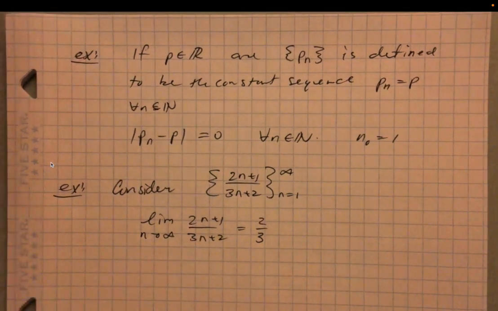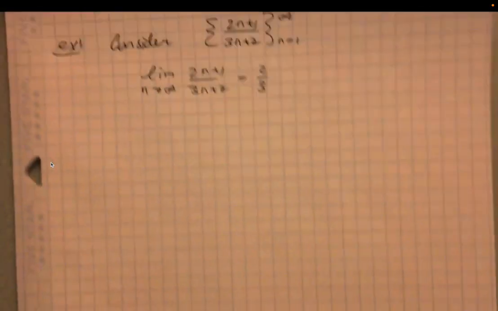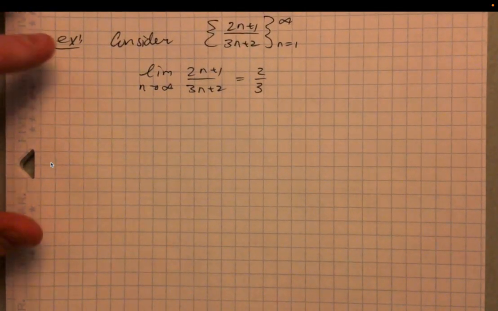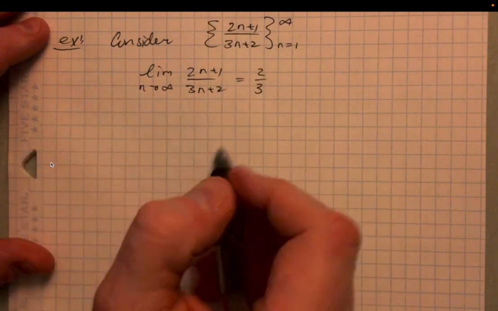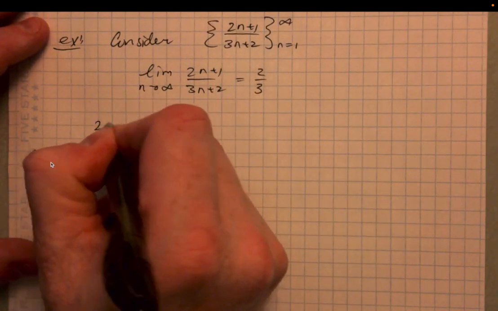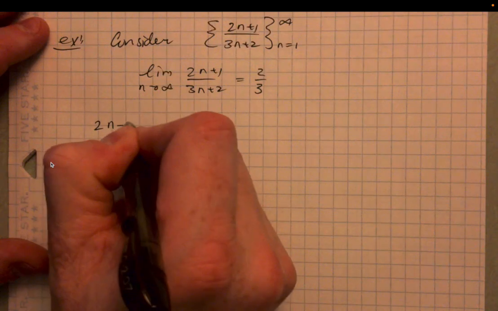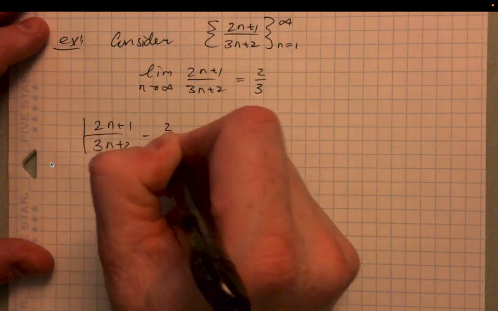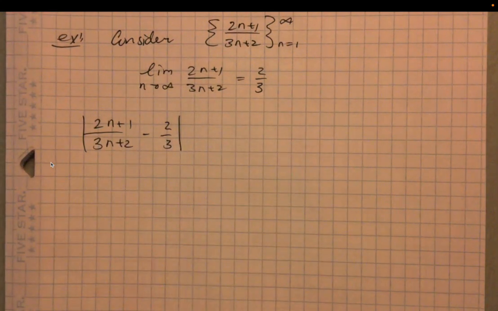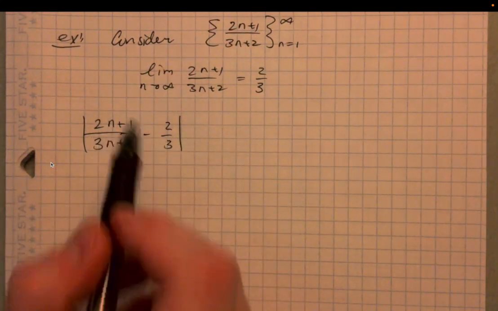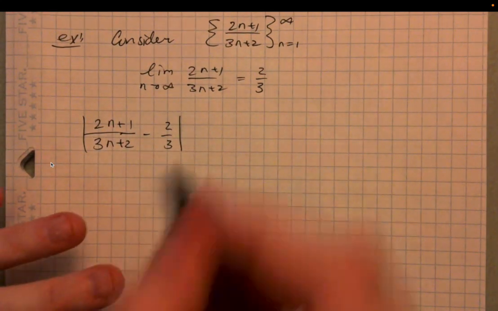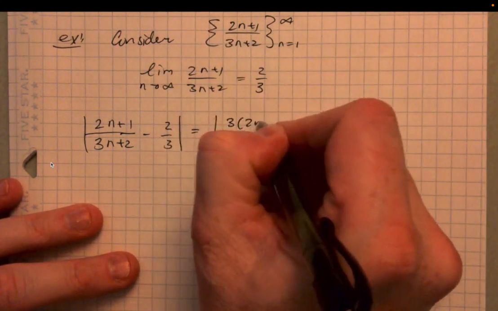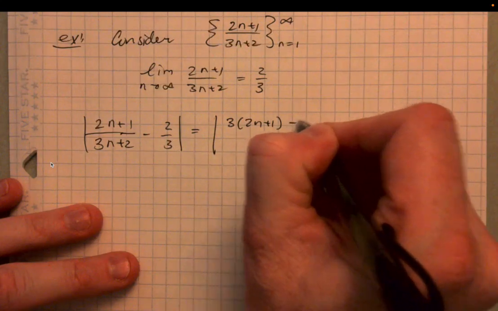Now, usually when you're given an expression like this, you'll have to start by thinking through what the sequence looks like. Specifically, what you want to look at is if I take the nth term of the sequence and subtract off the limit, the absolute value of that distance, what does it look like? This one you could do some work to, to combine this together.